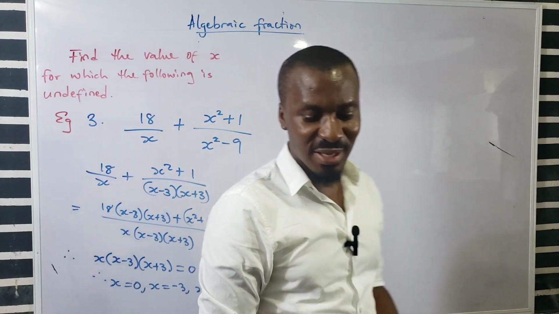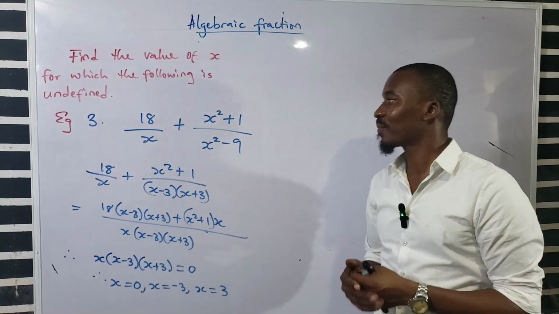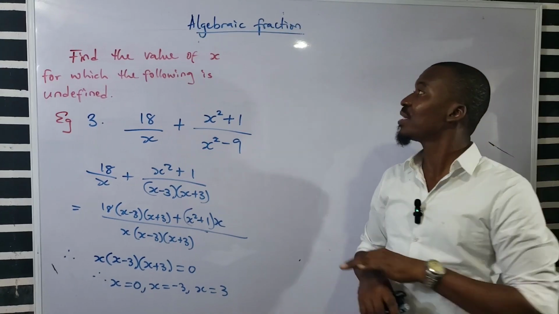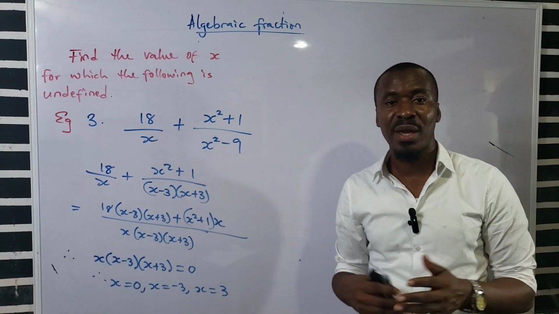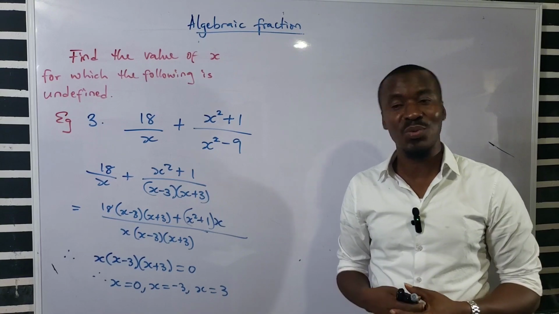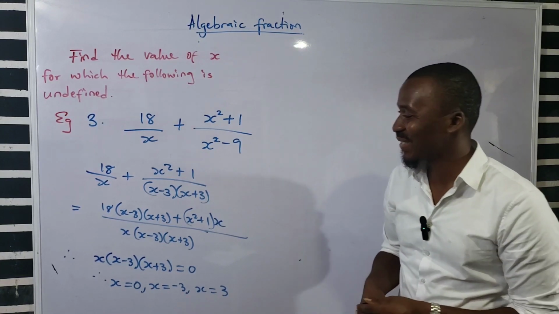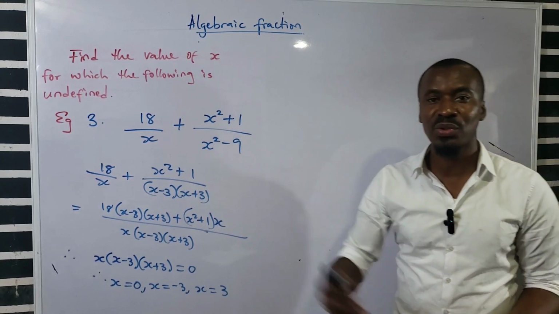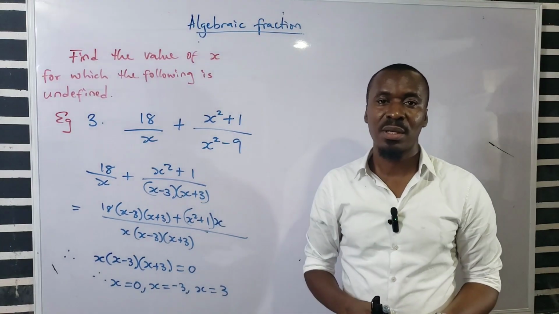Okay, so this is a very long one. I tried to see if I can finish the whole of this topic in one video. I hope it will be in one video, so that when you take up the lesson, you can finish it up at once.